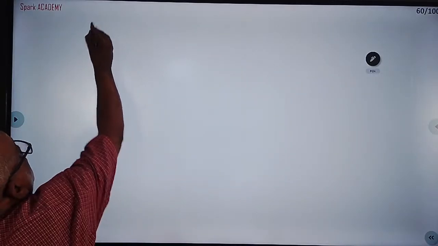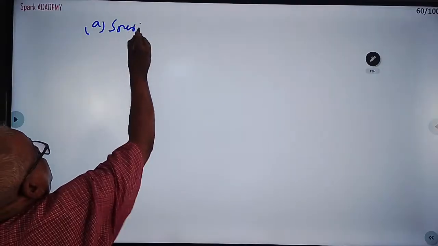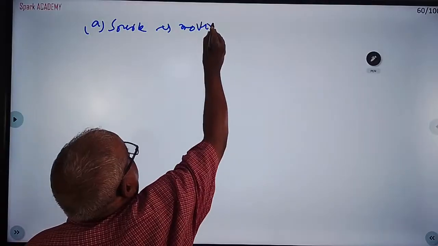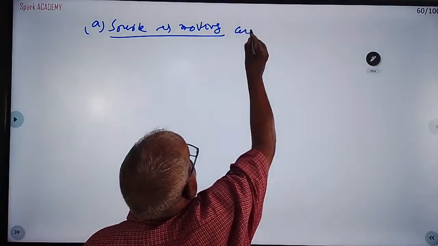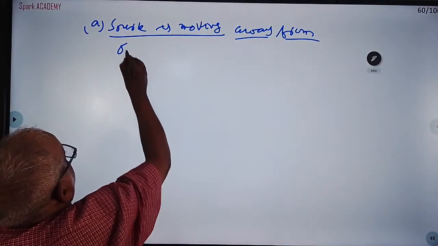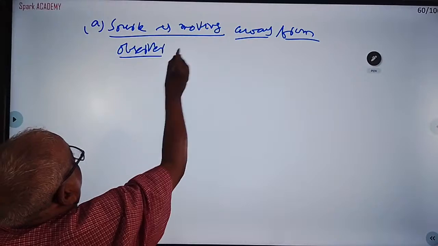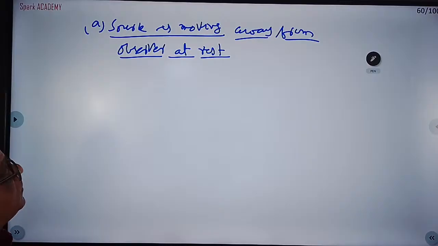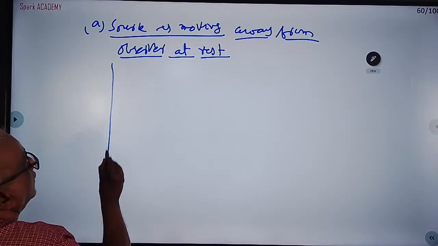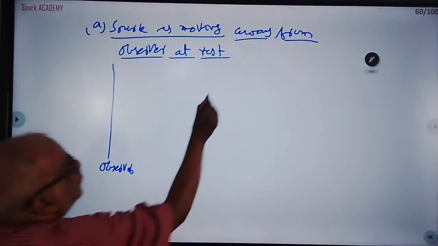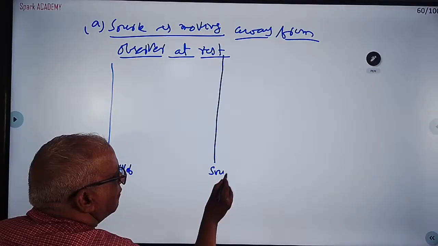How will you do the derivation? First part, source is moving away from observer at rest. The observer is always at rest. This is the source, the train.